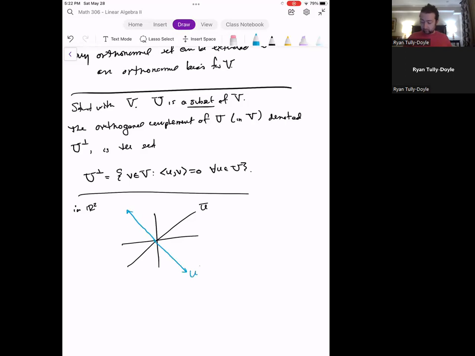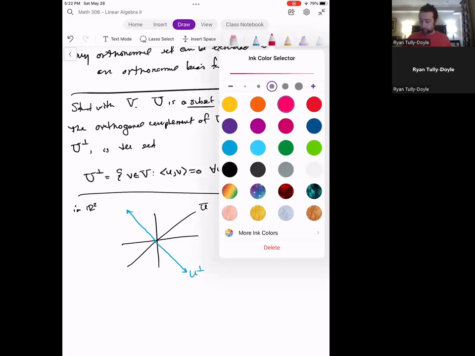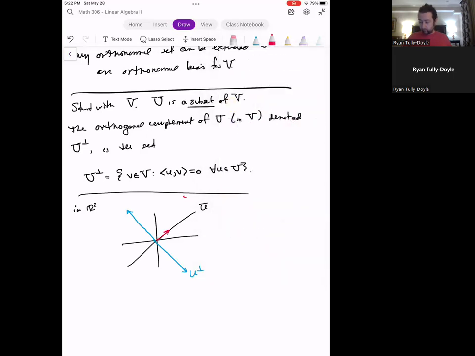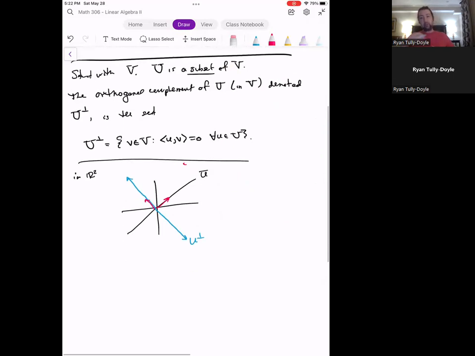So this is the set U perp, because every vector in this direction is orthogonal to every vector in this direction. You can see that it takes the vector space V and takes it apart in terms of U and a space that's perpendicular to U. It shouldn't be difficult to believe that there's going to be a direct sum structure running around in the background here.